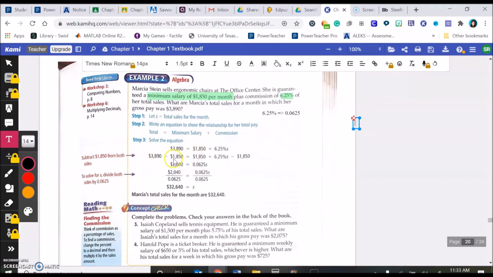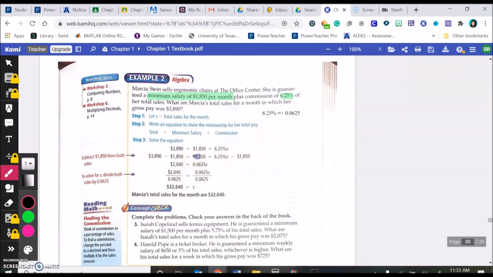So 3,890 minus 1,850 equals 2,040. The salary cancels out, and I'm left with the 6.25%, which we changed to a decimal. Then I divide both sides by 0.0625 in order to get S by itself. So 2,040 divided by 0.0625 gives me $32,640. So her total sales for the month were $32,640.